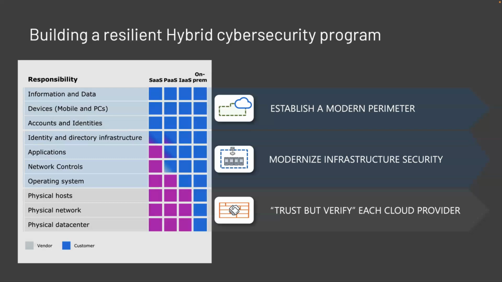So unlike the on-premises version of Active Directory in the past, which required a huge infrastructure, a lot of replication, maybe multi-sites, a lot of work, all of that's taken care of for us now in the cloud.